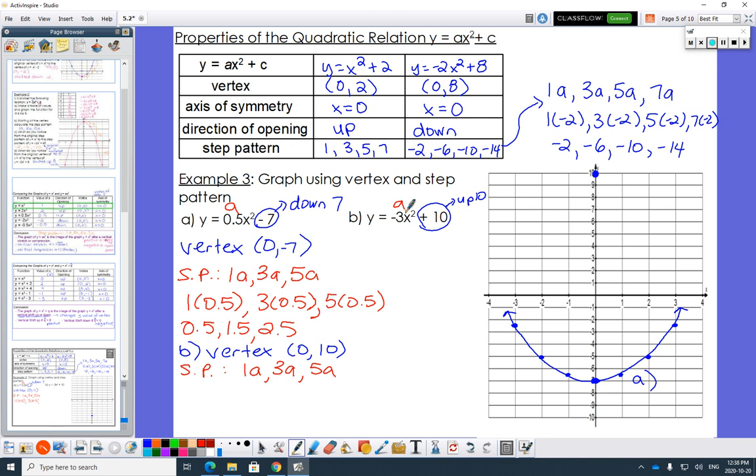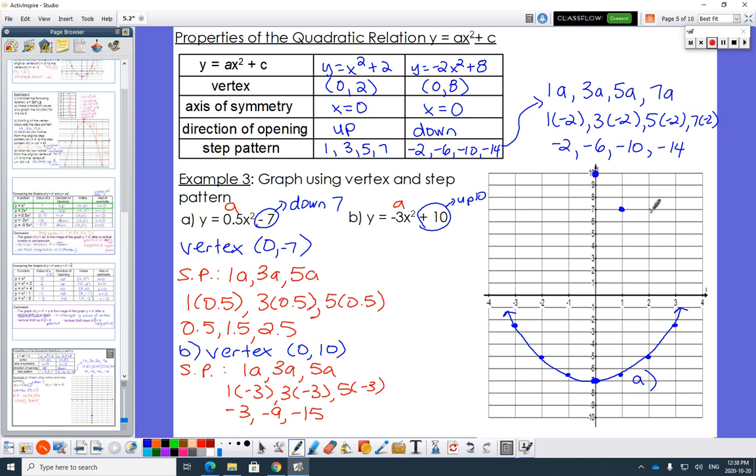So when you think of step pattern, over 1, down, whatever. If it helps, plug in the -3. So then this negative is telling you down. So over 1, down 3, 1, 2, 3.